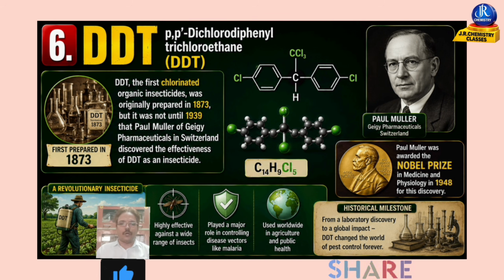And the sixth polyhalogen compound is para-para-dichlorodiphenyltrichloroethane, in short DDT.